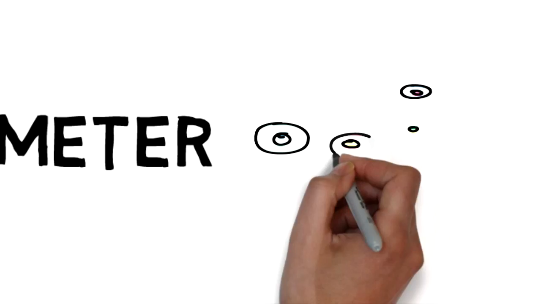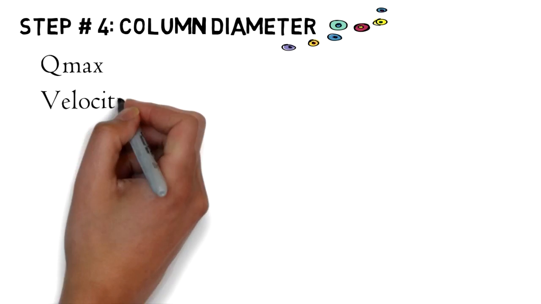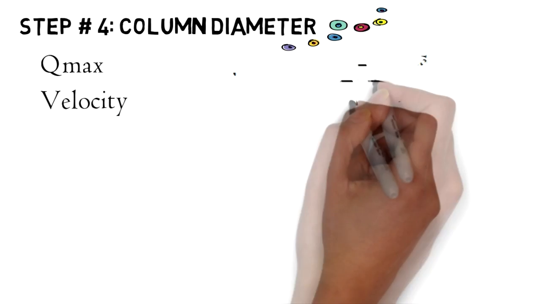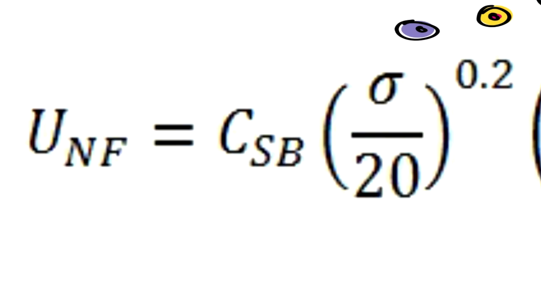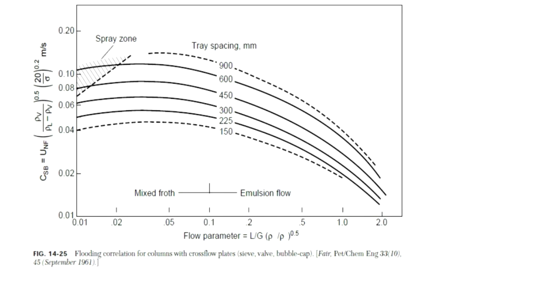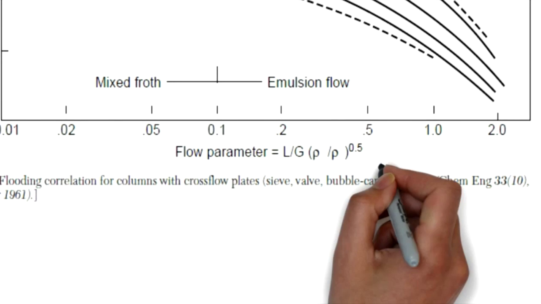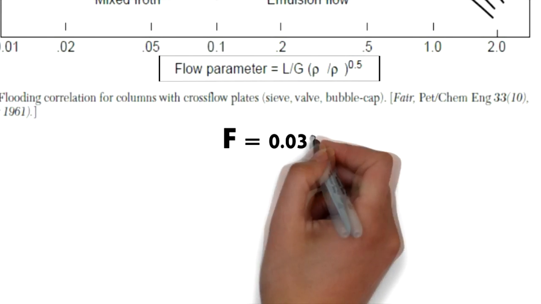Column diameter is associated with area, and area is associated with volumetric flow rate and velocity. To obtain the maximum flooding velocity, we use this formula. From this formula, we need CSV, and this can be determined by using this graph. On the x-axis of this graph is the flow parameter, which can be solved directly.